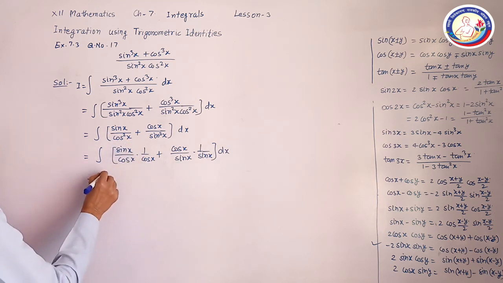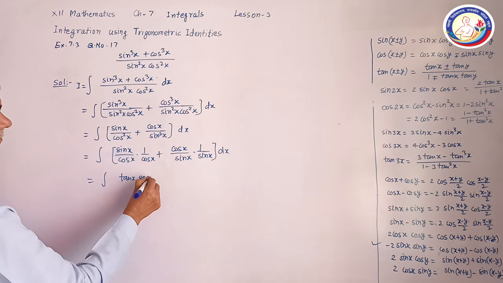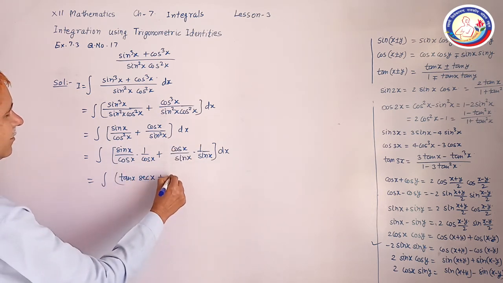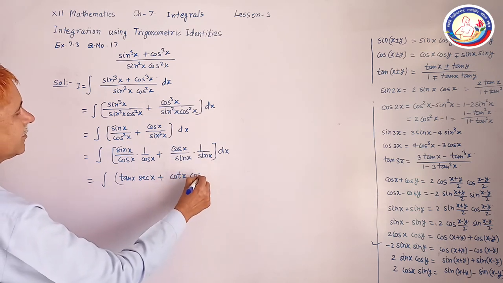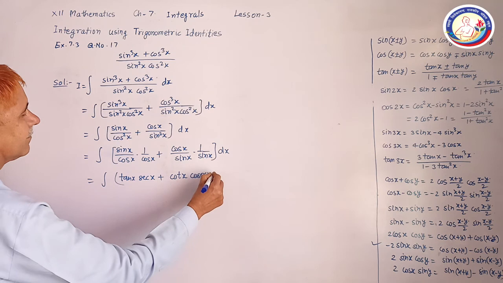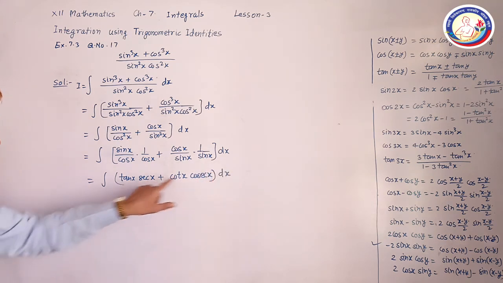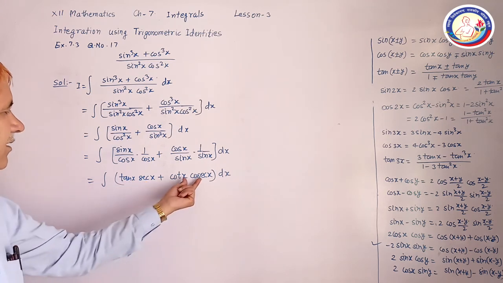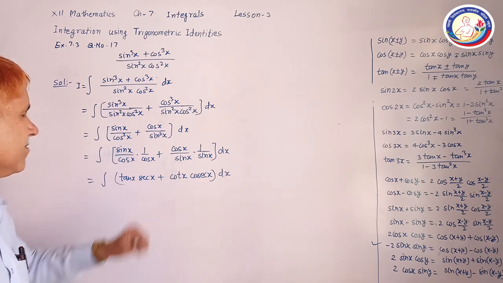This is nothing but tangent x and this is sec x, plus this is cot x, cotangent of x, and cosec x. What are these? This is the derivative of sec x and this is the derivative of cosec x with negative sign.